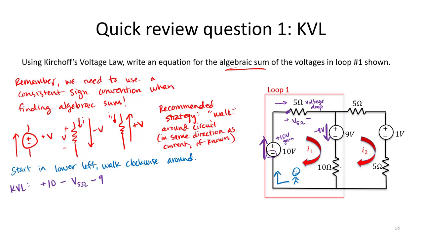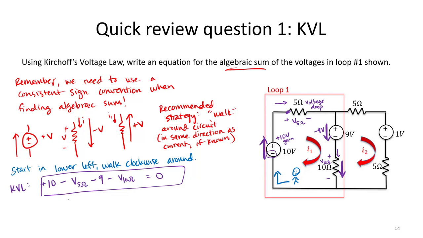Similarly, for my 10 ohm resistor, the current is entering. I'm assuming the current is still entering because I'm walking in the direction of I1. So I'm going to treat this as a voltage drop, V 10 ohms, across that 10 ohm resistor. Here's my Kirchhoff's voltage law equation.